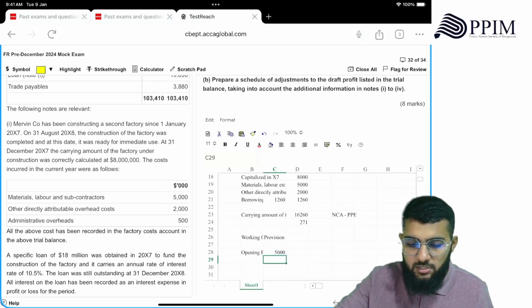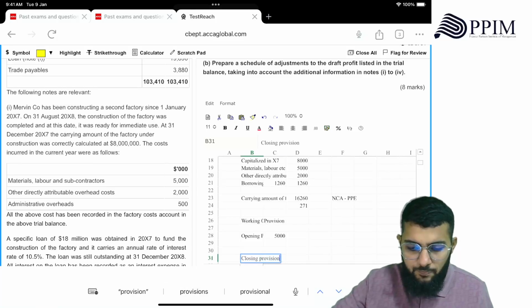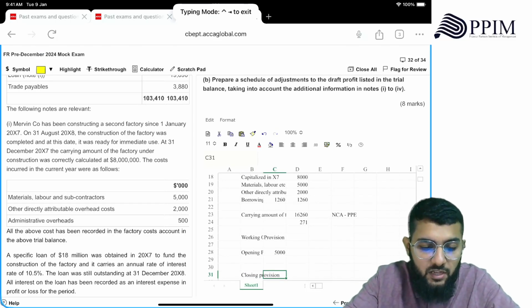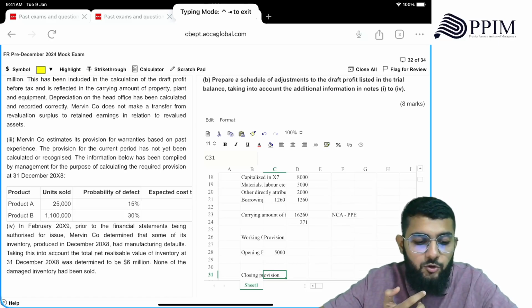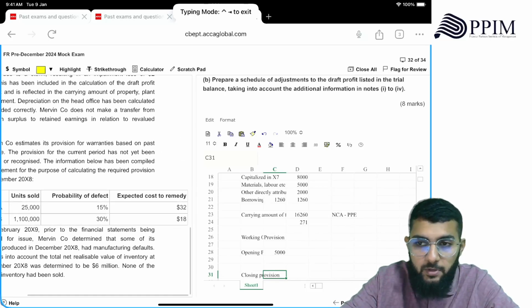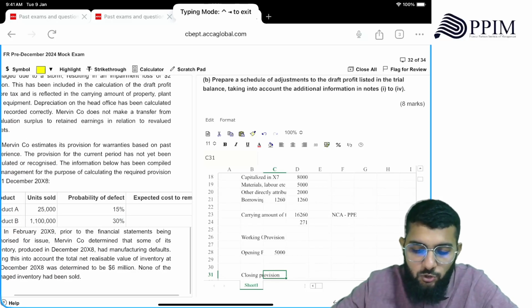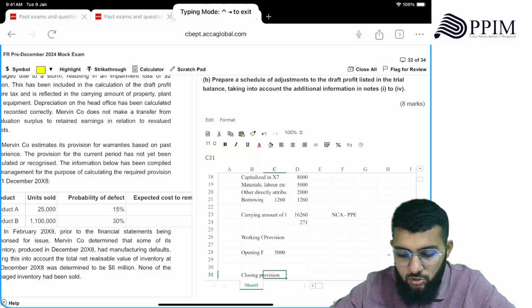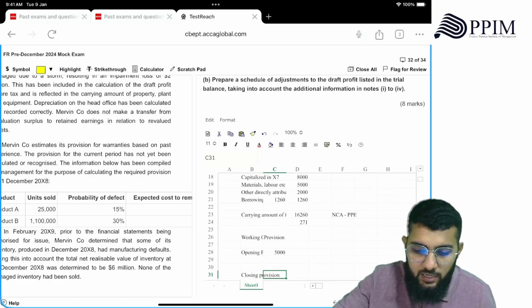Closing provision, how much is the closing provision? How do you calculate the closing provision? They've given you the percentage, right? Units sold into probability of defect into expected cost to remedy is going to be your provision. So what's going to be the closing provision? Show the working.